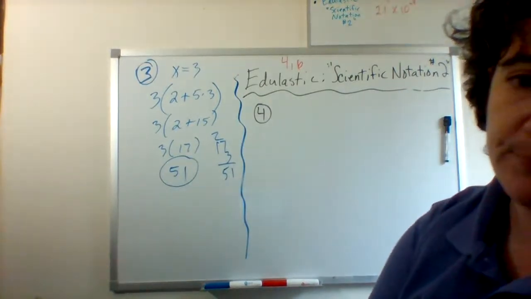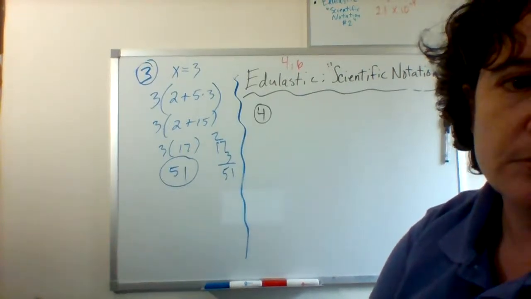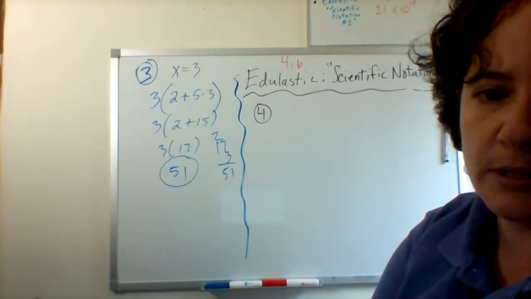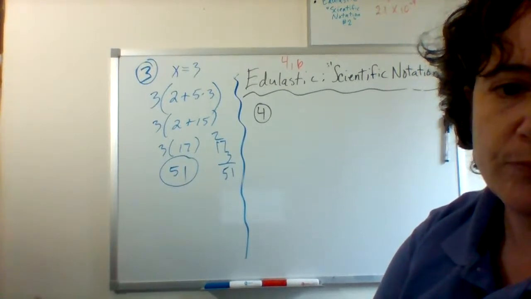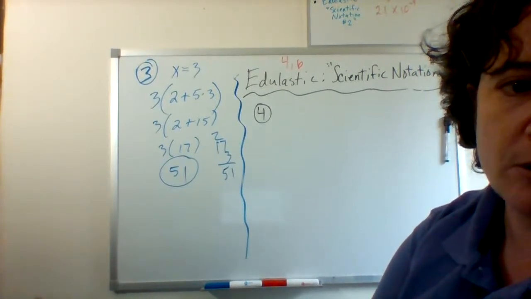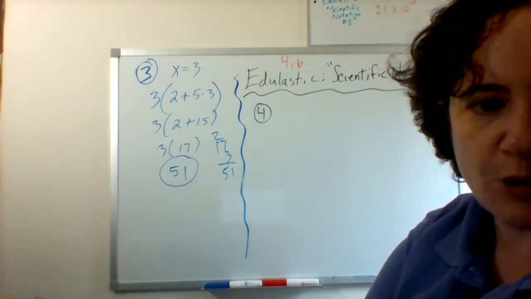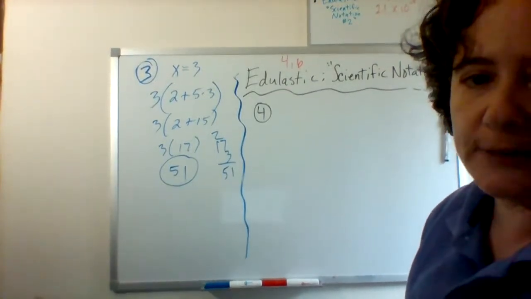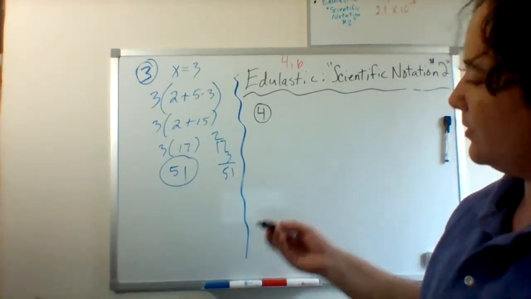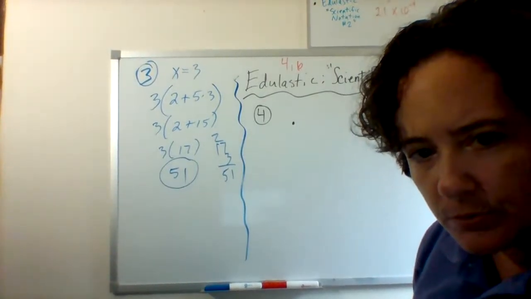Okay, number 4. Let's click on this one so I can see number 4. A scientist measured the wavelength of an X-ray as 0.000000006 5 meters.